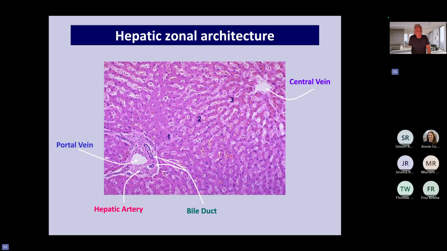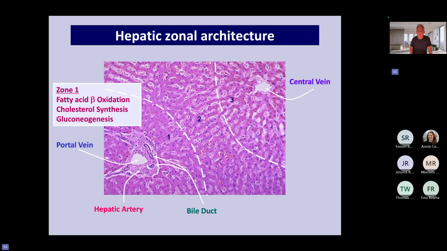As you go from zone 1 to zone 3, oxygen tensions decrease, as finally the blood, having given up its oxygen, if you will, is then flowing into the central vein. There's zone 1, zone 2, and zone 3.